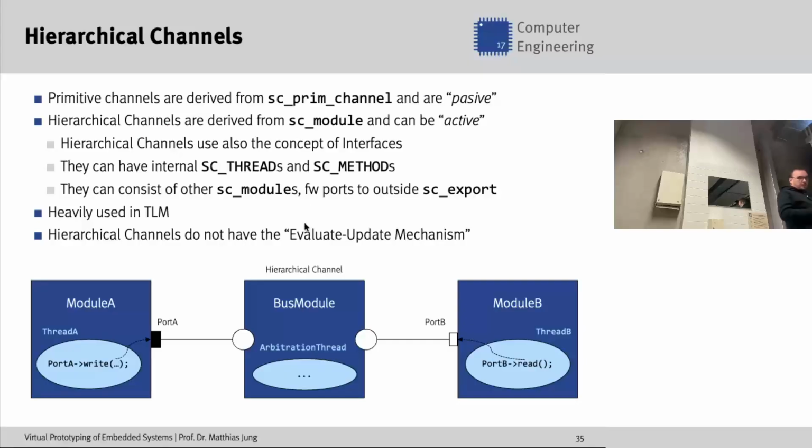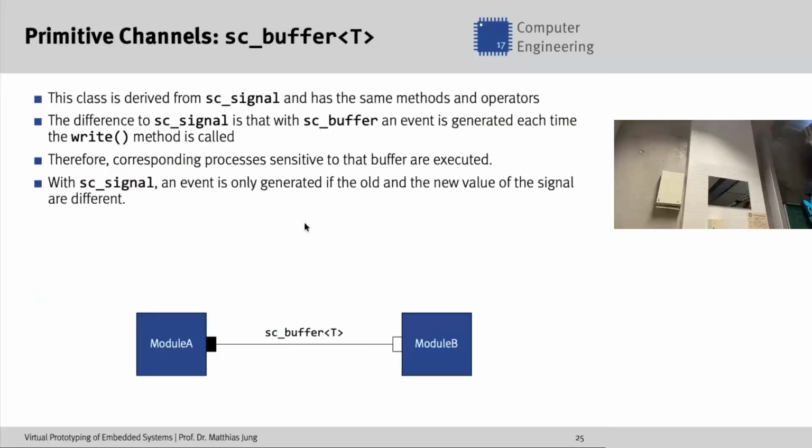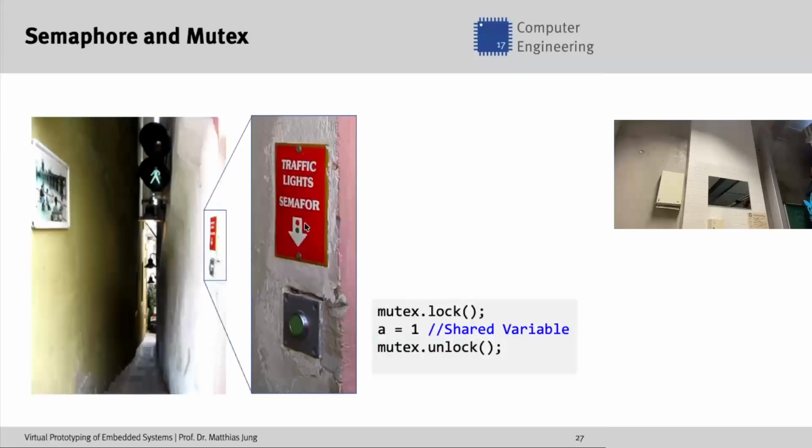Another topic, so-called hierarchical channels. The primitive channels are derived from sc_prim_channel, and they are usually passive, not really active. Hierarchical channels are derived from sc_module and can be active. So you might build a system where the channel is not just a passive thing that has two methods for read and write.